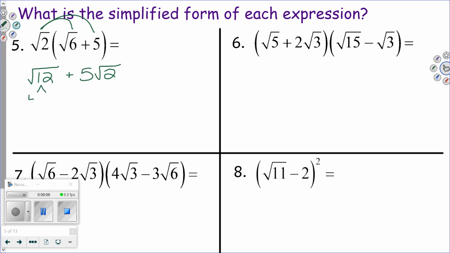The 12 can simplify. So we got a pair of 2's. That moved everything. I'll redo it quick. All right, so we got a pair of 2's. Left over 3. Nothing to simplify there.